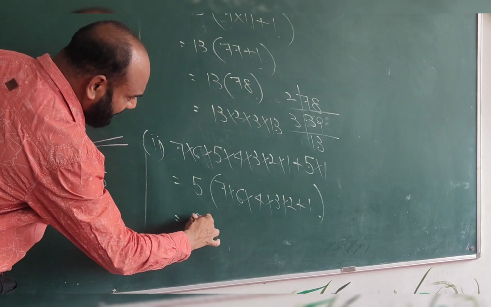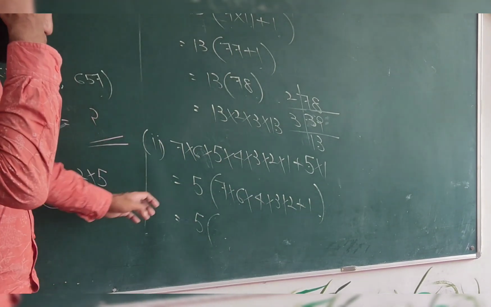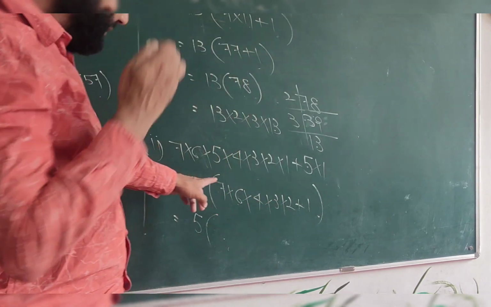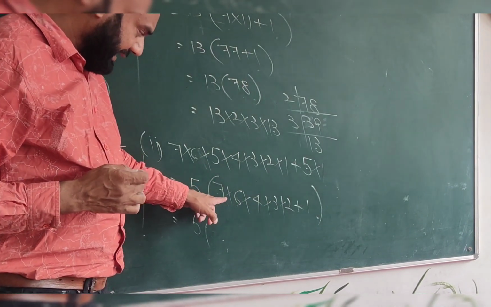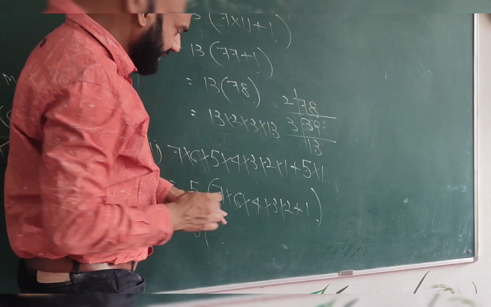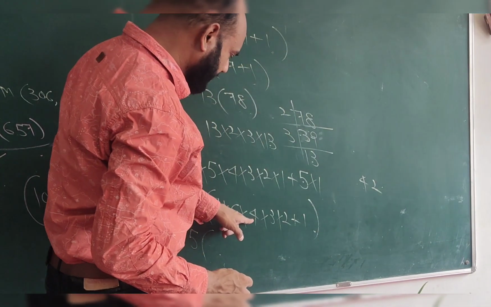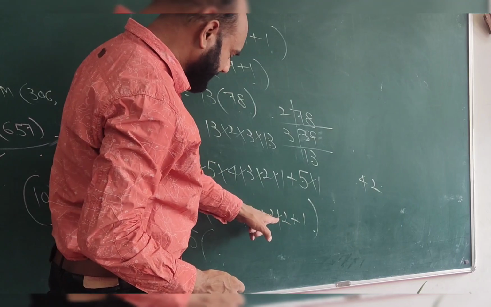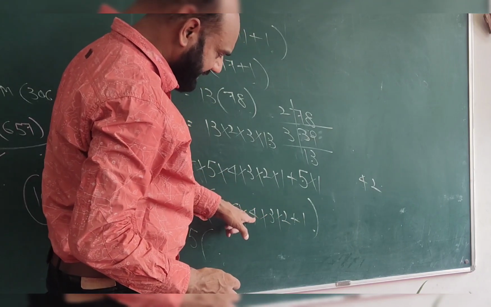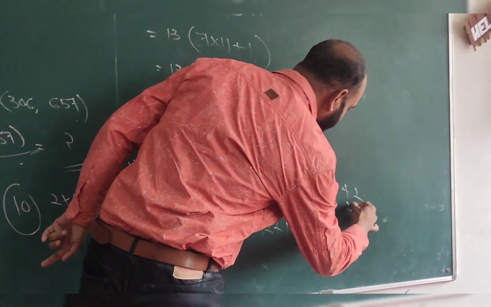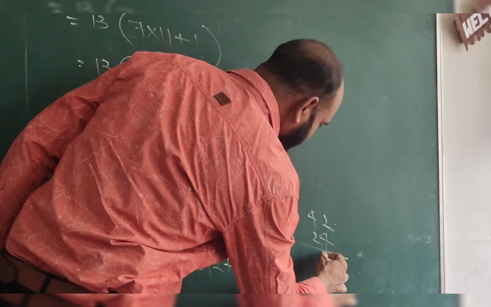So this is equal to 5 times these terms multiplied, and we get 7 times 6 is 42, multiplied by 3, 2 is 6, and 6 times 4 is 24, and this is 48.